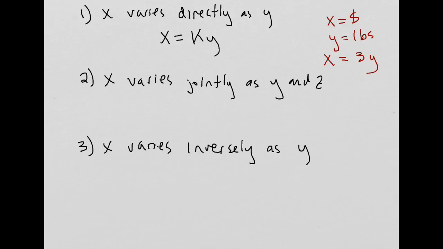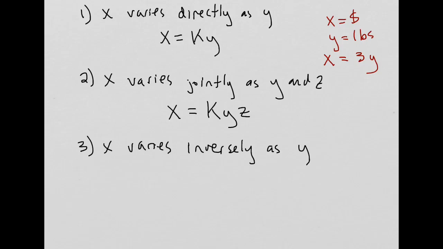If I went to buy a different type of coffee, then your k value would change. That would be a different formula. Now if we take a look at the second one, x varies jointly as y and z. Again, that just represents a formula: x equals some sort of a constant times the product of y and z.